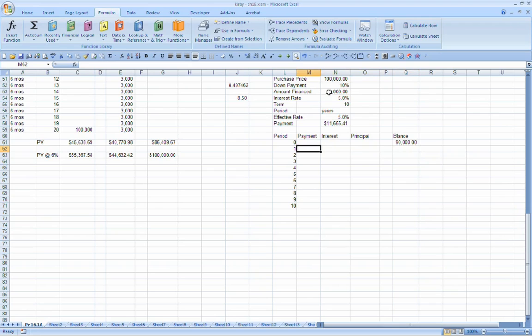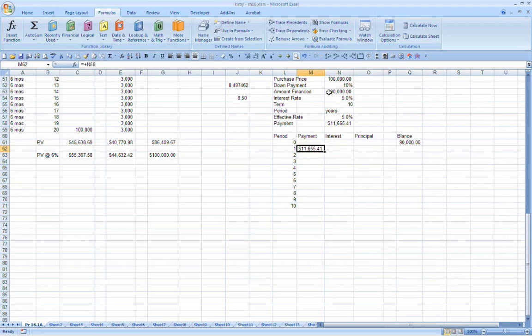My payment is the payment that I calculated with the PMT function. The interest that I earn, or that I owe, is going to be based off of the balance. So plus principal times rate times time. But guess what? I created this effective interest rate.